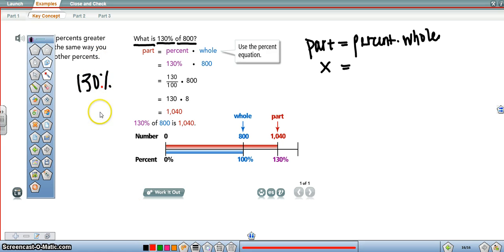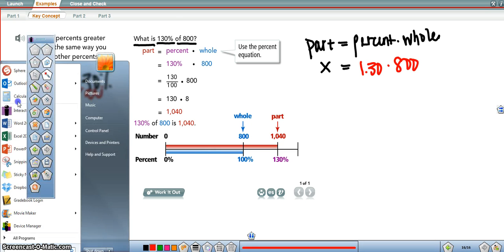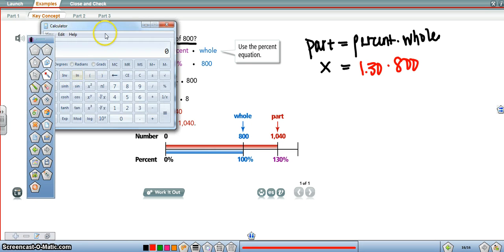Right now it's behind the 130, it's hiding. Move it twice. 1.30 is the same as 130%. Multiply that by the whole, which we said was 800. You can even use a calculator at this point. 1.3 times 800.